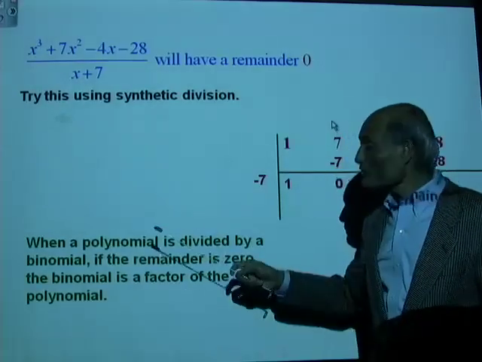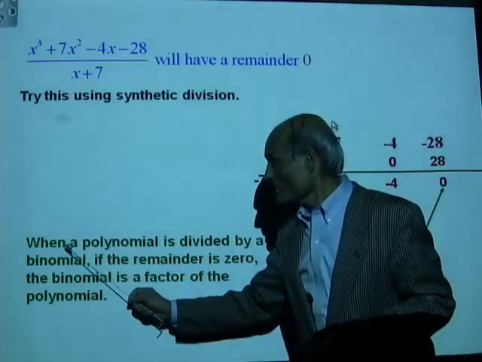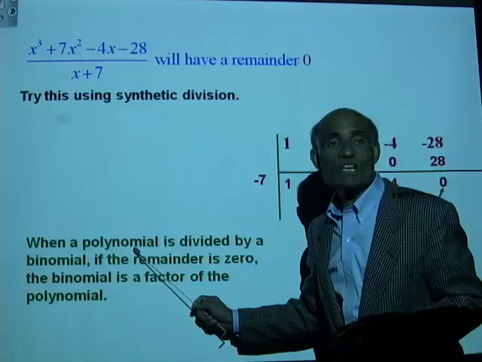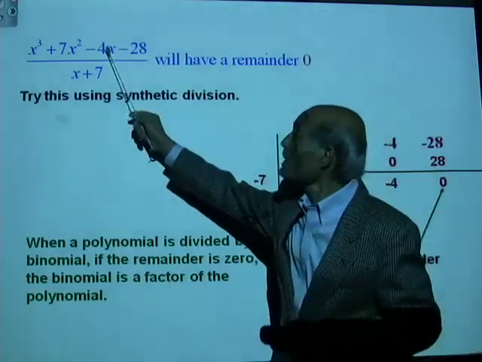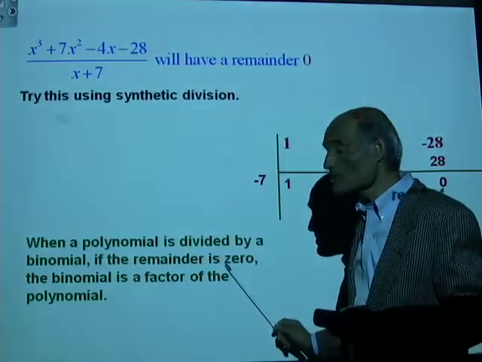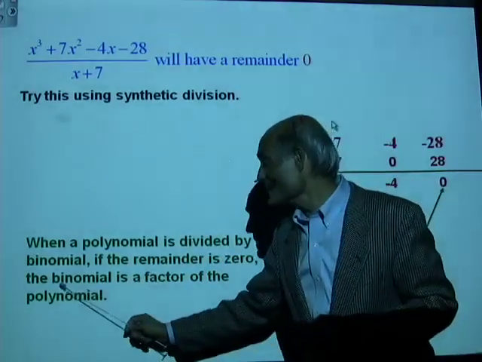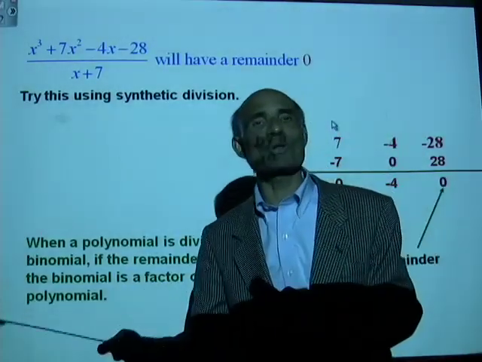Now, that brings us to a very important result here. And watch this. When a polynomial is divided by a binomial, if the remainder is 0, then the binomial is a factor of the polynomial.